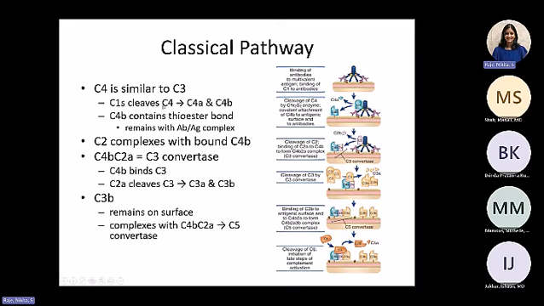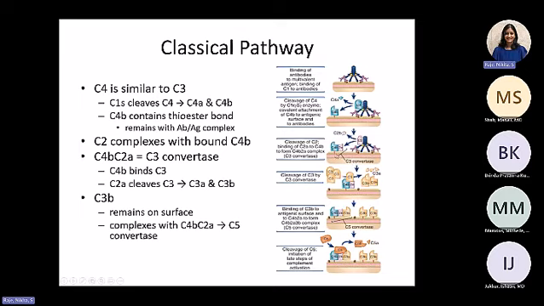C4 is similar to C3, which means C1s cleaves C4 to C4a and C4b. C4b is the one that has this thioester bond that remains bound to that complex on the microbial surface. C2 comes along and makes C2a, which binds to C4b, and C4b, C2a together is the C3 convertase.